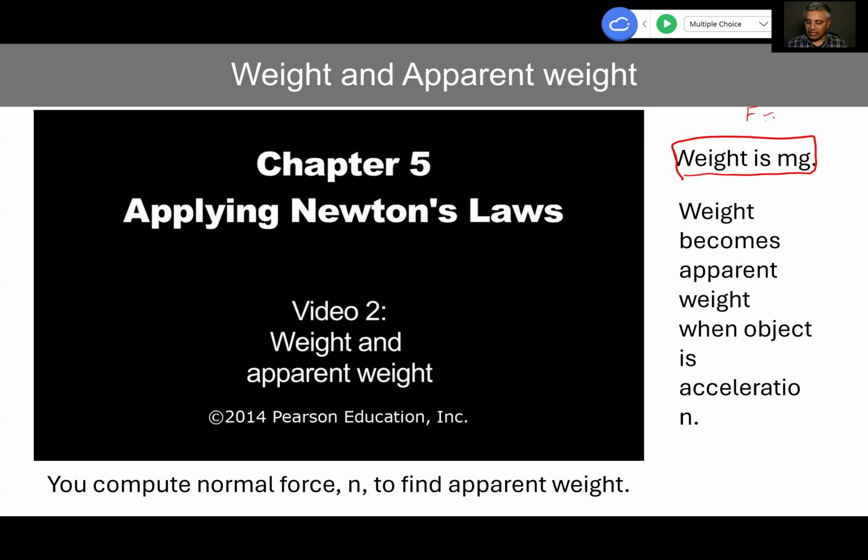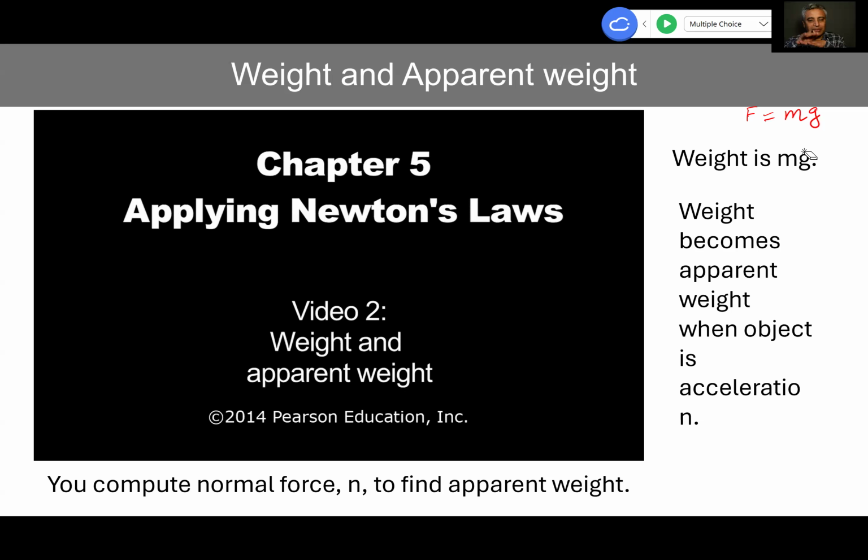So that force is our mass times acceleration, but this being a special acceleration, acceleration due to gravity, we write that a as g, okay? And it is always vertically down, okay? So that's the weight. But when we are accelerating, what happens?